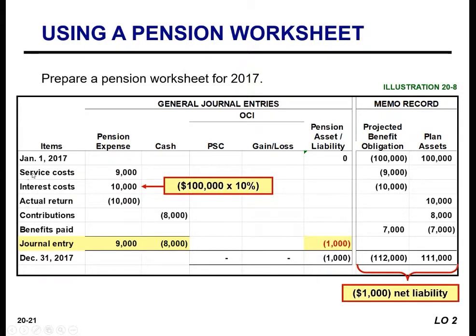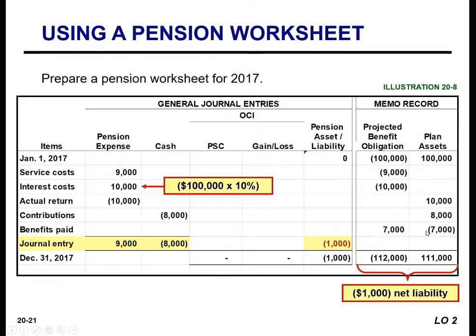If we take all of this same information and run it over here into the memo line, here we have our service costs, here we have our interest costs, and here is the positive for the actual return. This is where we added 8,000 in contributions.